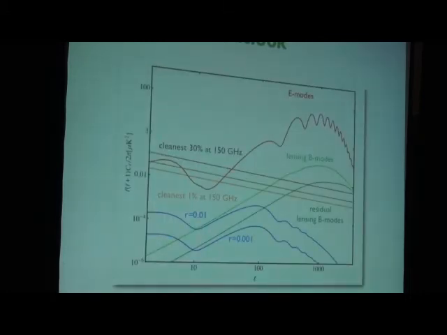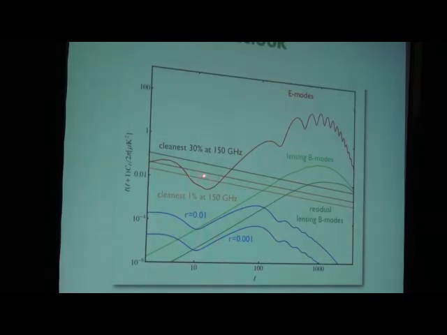Now, what makes the quest to see the B modes difficult is shown in this plot. So what we're trying to get to is these kind of blue signals. What we have to struggle with are, on the one hand, there's a contribution from lensing of the E modes into B modes. This is relatively well understood, so in principle you can subtract it. Then there's also the contribution from the dust, and you see it's much higher.